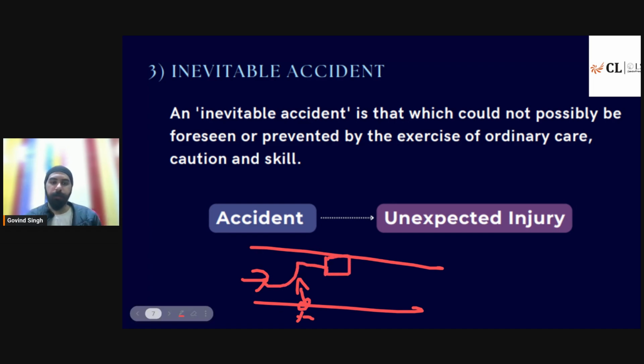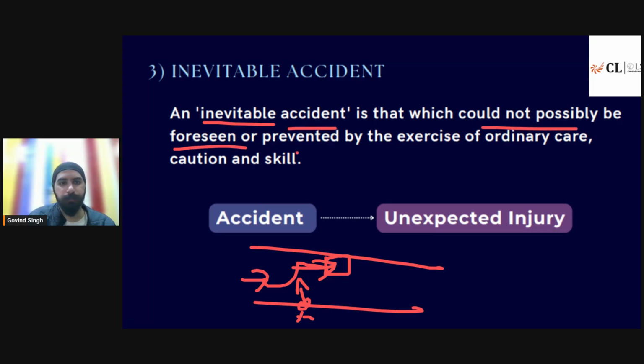So in order to protect this particular child, you meet with an accident with another car. Now this car obviously gets damaged and wants to claim damages. But would he be able to claim damages? No, because this was an inevitable accident. That is, it could not be possibly foreseen or prevented by the exercise of ordinary care, caution, and skill.